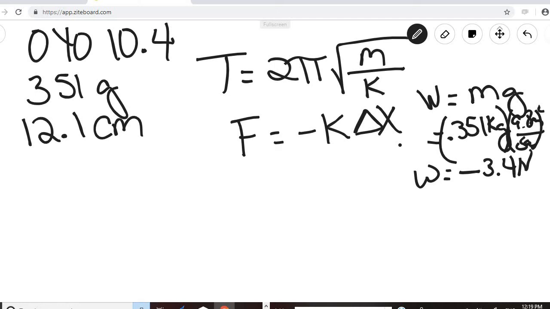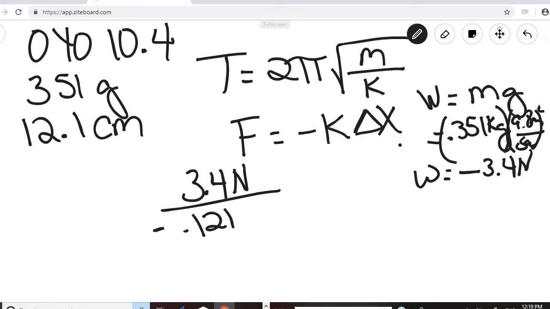And we know that the restoring force is in the opposite direction of the force of gravity. So F is going to be 3.4 newtons. And the displacement is going to be 12.1 centimeters, or 0.121 meters.